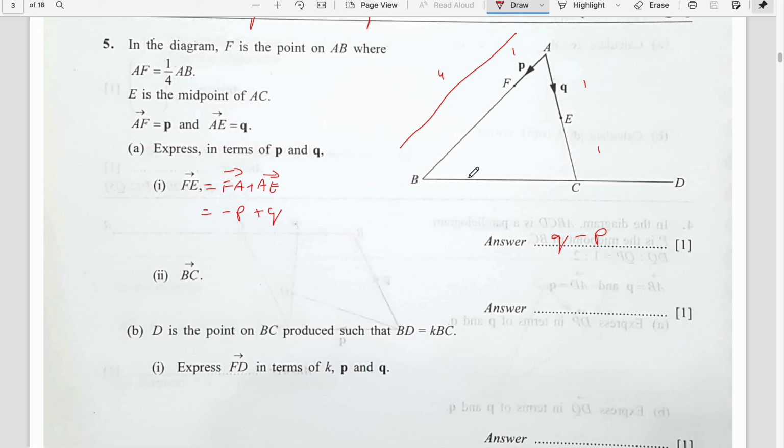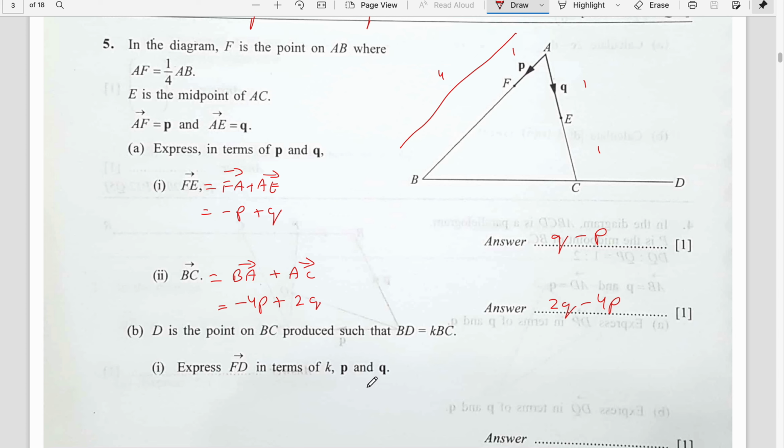BC. If I have to find BC, I may write BA plus AC. Now BA is minus 4P, AC is 2Q. D is the point on BC produced such that BD equals K times BC.